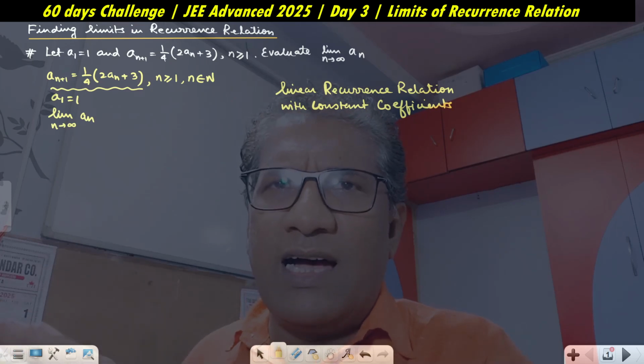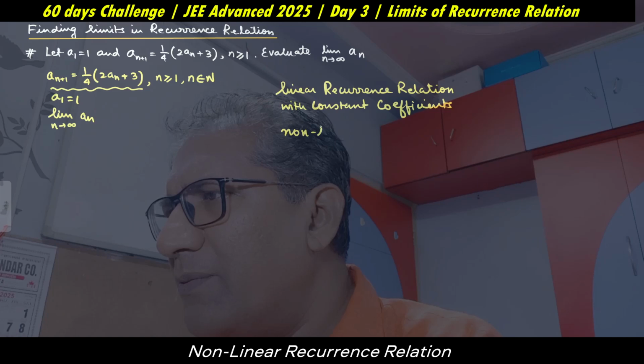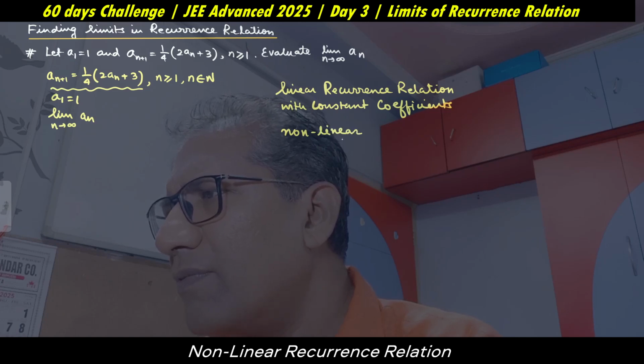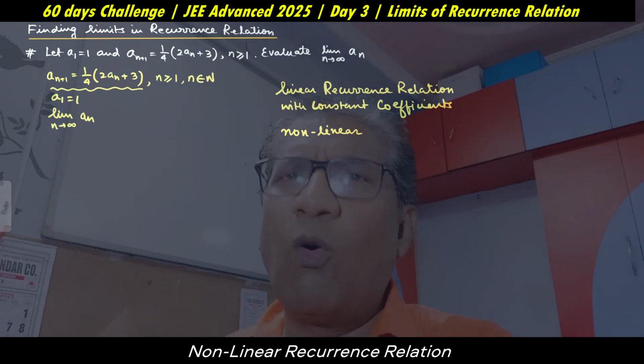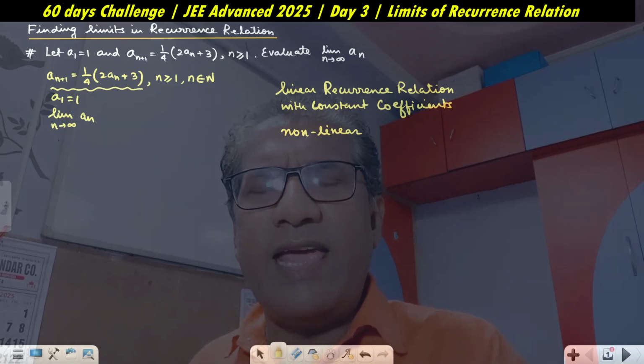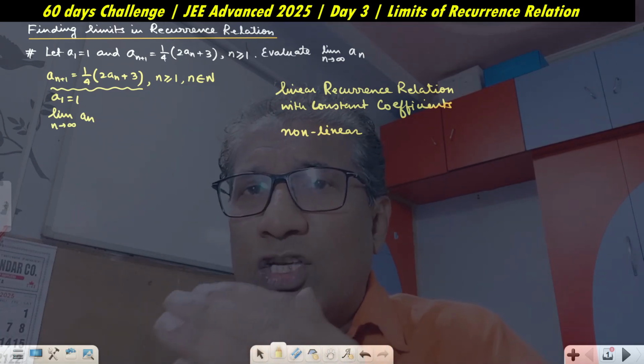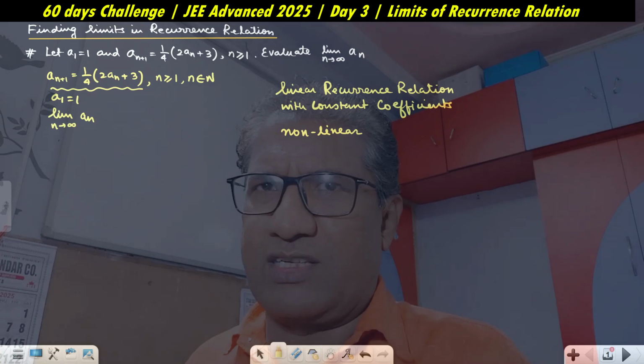Now, what is the other side of the coin? It is a non-linear recurrence relation. Now, what is a non-linear recurrence relation? When you see that the term which defines the sequence is looped with the previous terms.